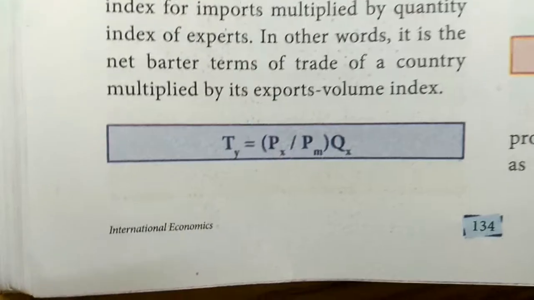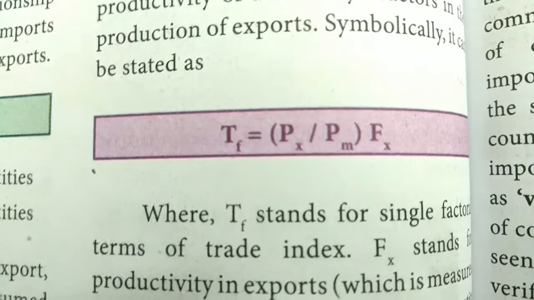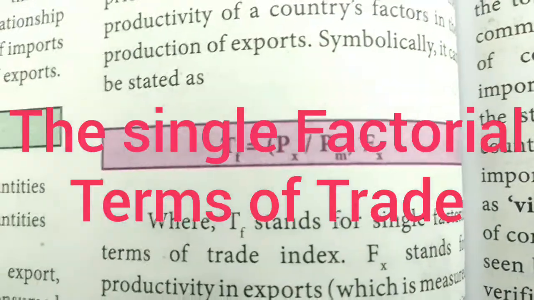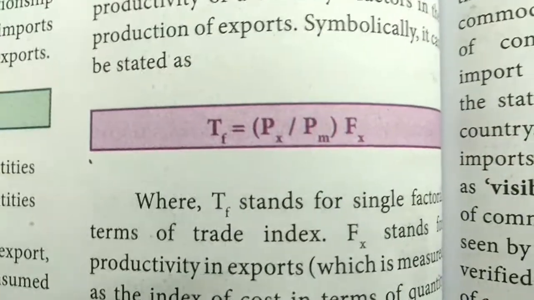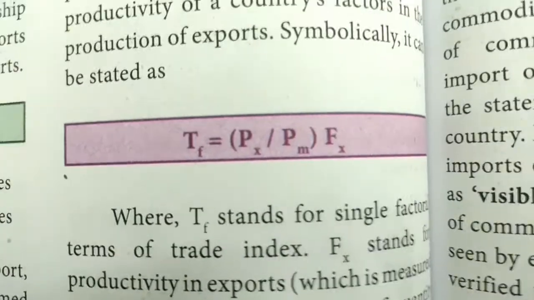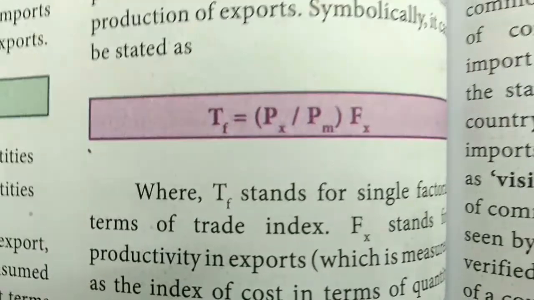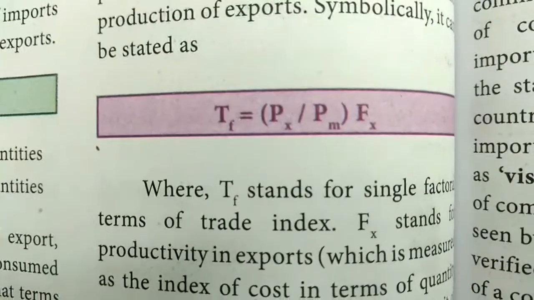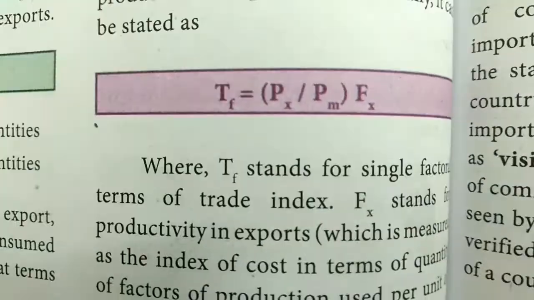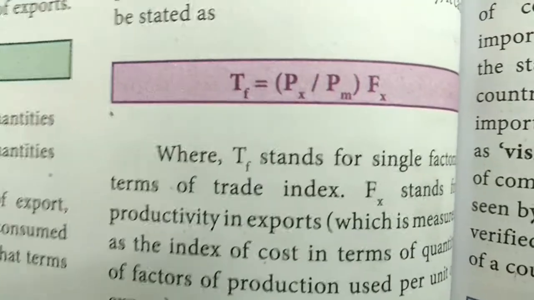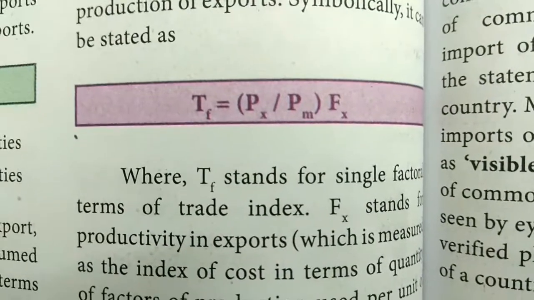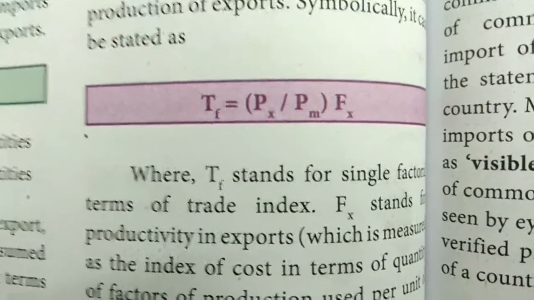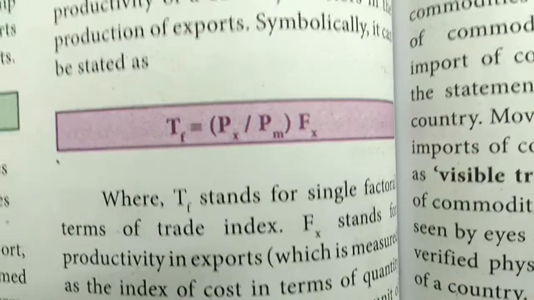Let's see the single factorial terms of trade. Viner has devised another concept called the single factorial terms of trade as an improvement upon the commodity terms of trade. It represents the ratio of export price index to the import price index adjusted for changes in the productivity of a country's factors in the production of exports.